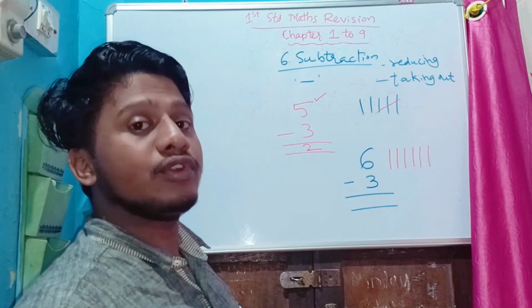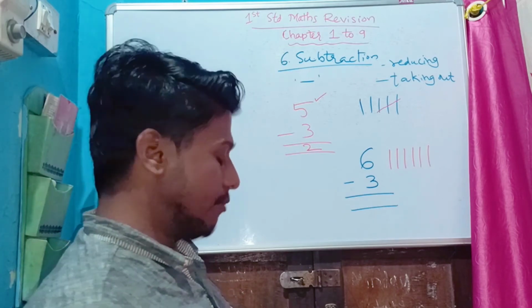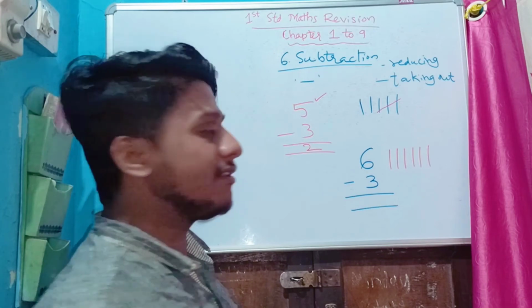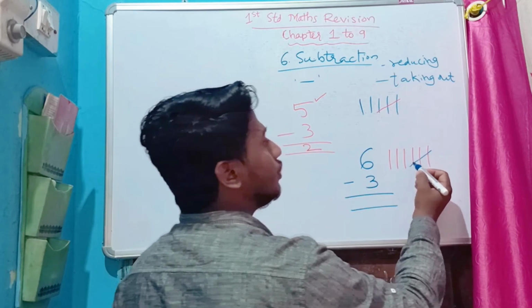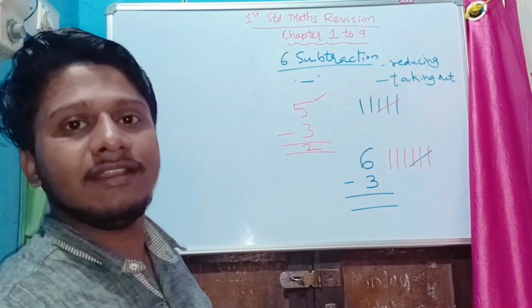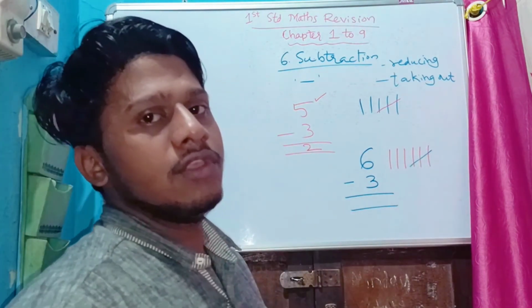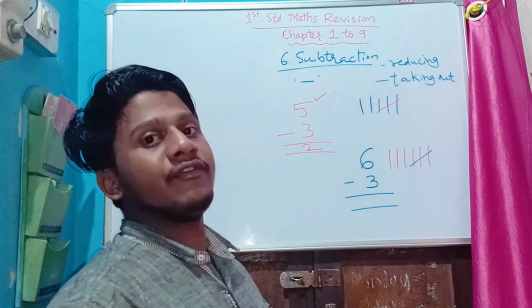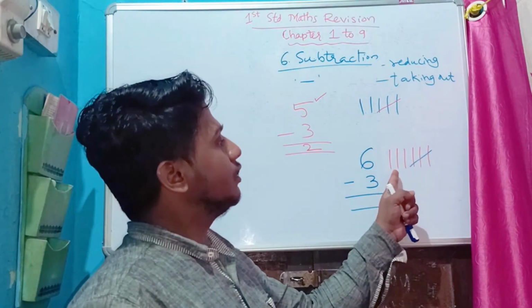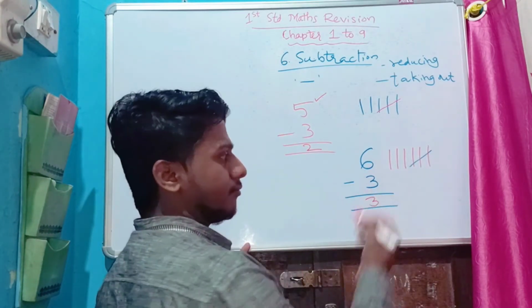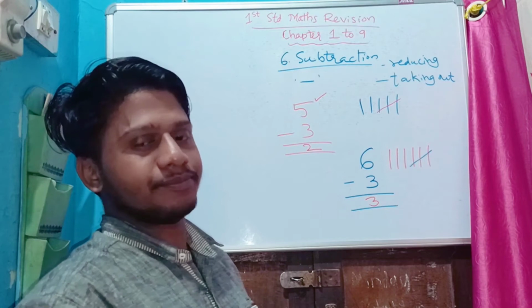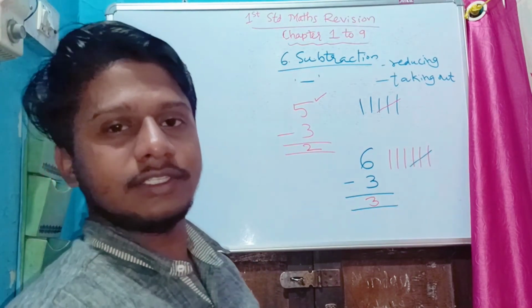We have to reduce 3 lines. Means you have to cancel 3 lines. So let's cancel. 1, 2, 3. 3 lines have cancelled. Okay. So how many lines we have left with? 1, 2, 3. So you can take 3.